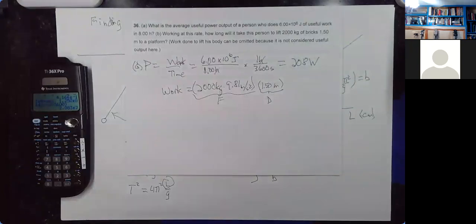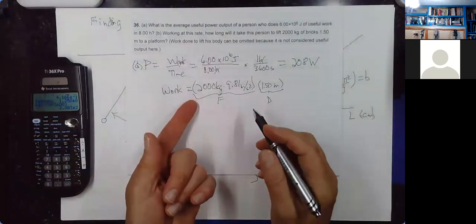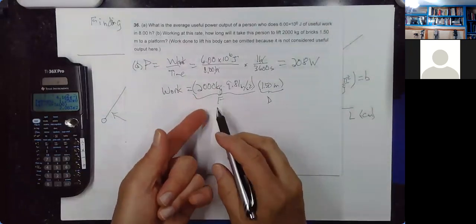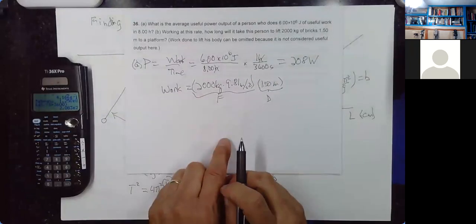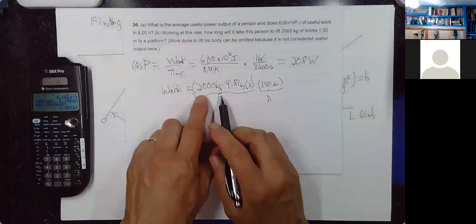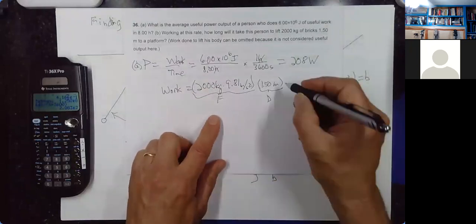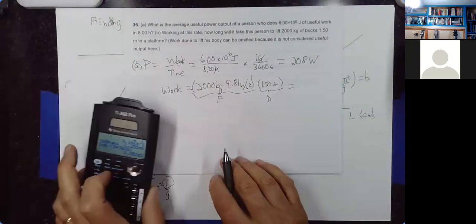Now, you're going to be lifting not the whole 2,000 kilograms at a time, but you might be lifting 10 kilograms at a time and then doing 10 more kilograms at a time, and you would just add all of those together, but you'd end up with the same expression here. So we can calculate that total amount of work.